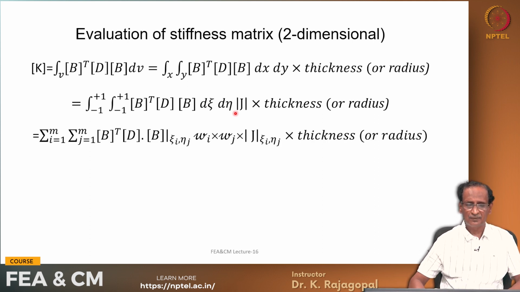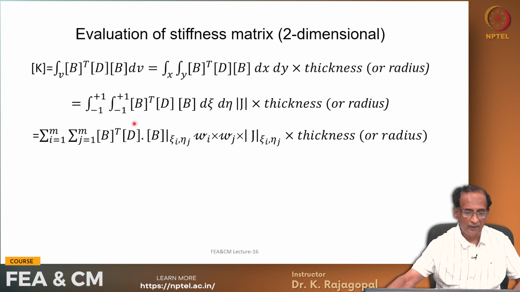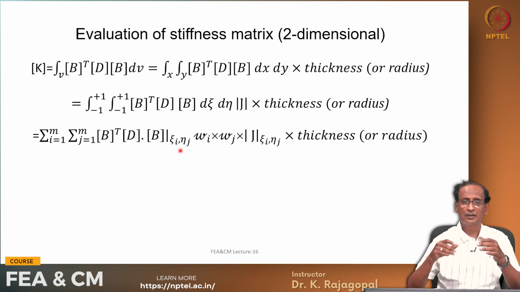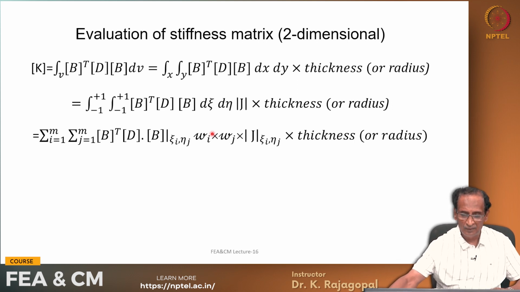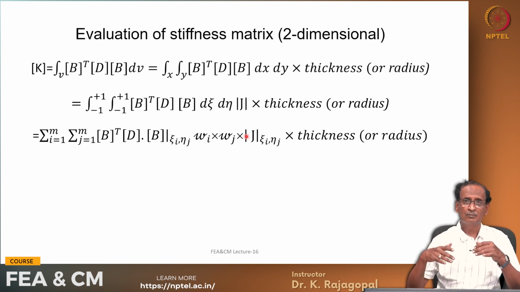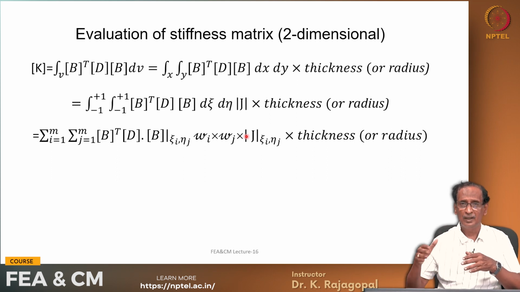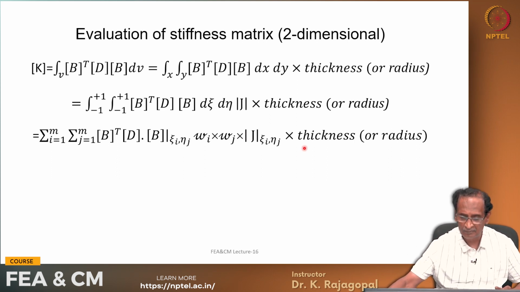And in terms of summation, we can write this in the numerical form, by evaluating these quantities at different sampling points ξ_i and η_j, and then multiplying with the corresponding weight factors w_i, w_j, and then the determinant. And if you have an irregular shape or a distorted shape, the Jacobian value will not be constant. It might be varying at different sampling points.